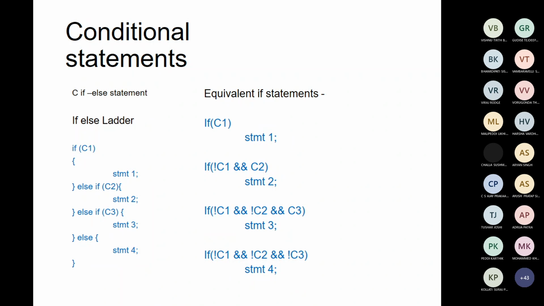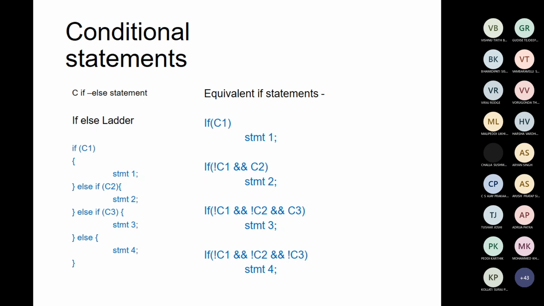So there are 4 statements, or you can think of 4 blocks of statements because curly braces are there, right? These blocks of statements will be executed based on the conditions mentioned here, C1, C2, C3, and C4. There is no C4 here, but you can imagine there is something like C4. When C1, C2, C3 all are false, then C4 is coming. So just try to understand the flow of execution of this if-else ladder first.